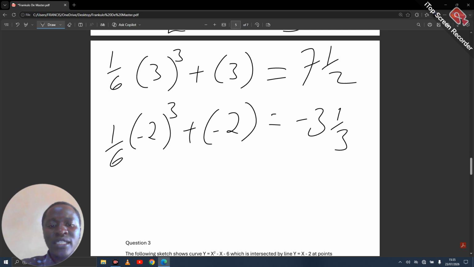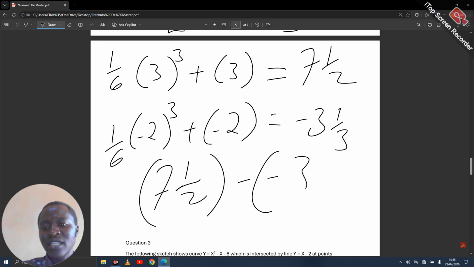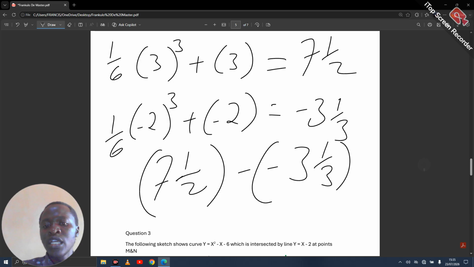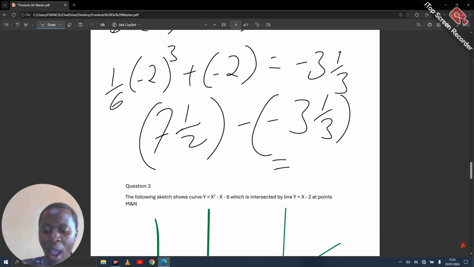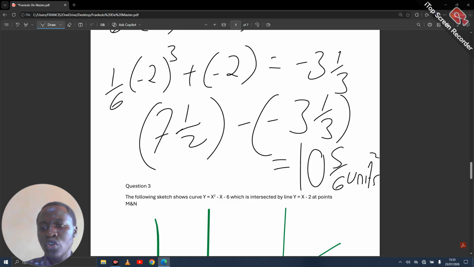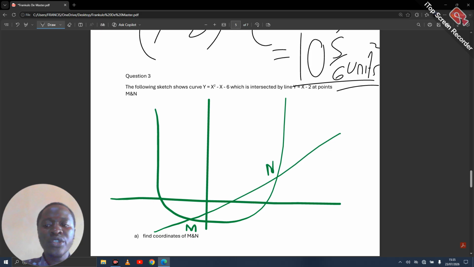So get the difference: 7.5 minus -3 and a third. Solving this, our answer will be 105 over 6 units squared. Don't forget to put the units.